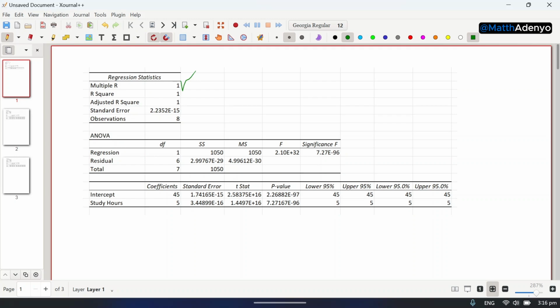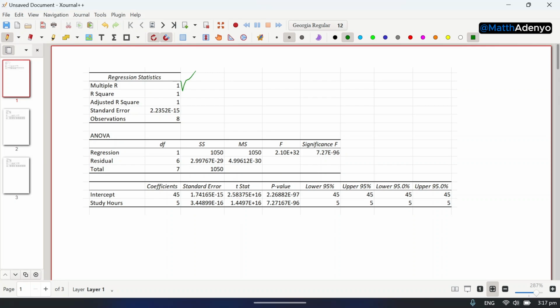The second one is the R square. The R square, we also call it the coefficient of determination. It indicates how well a regression line fits the data. So that is our regression line on the chart that we had, how well that particular line fits the data. We are also having 1 here, showing that there is a strong or 100% variation.